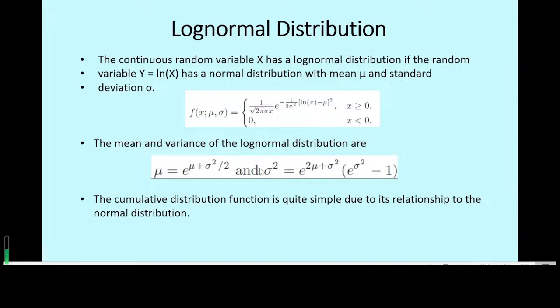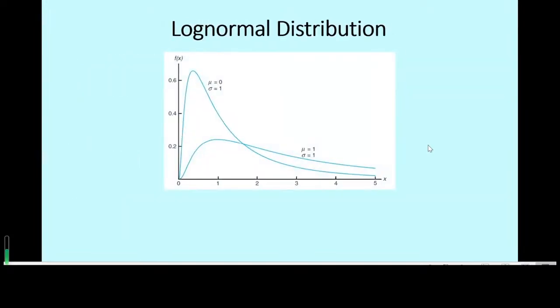And the lognormal's variance equals e to the power of this part, where in the power part these two parameters are the log of the lognormal's parameters, times e to the sigma square minus 1. And these two figures represent the density function of lognormal variables with different mu and sigma.